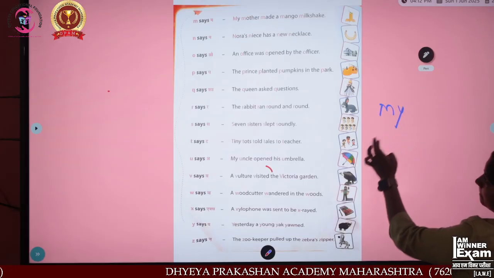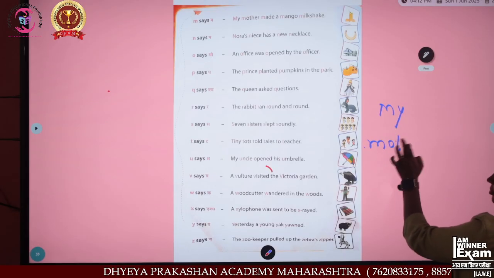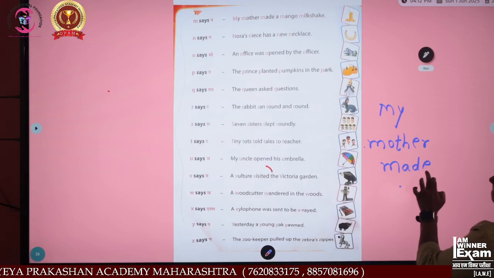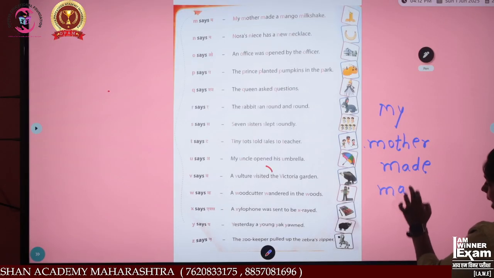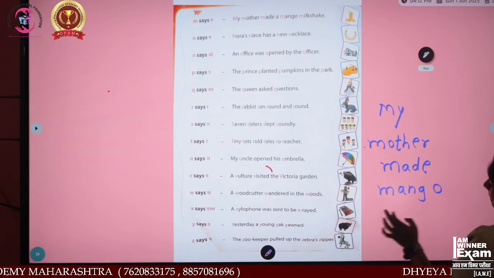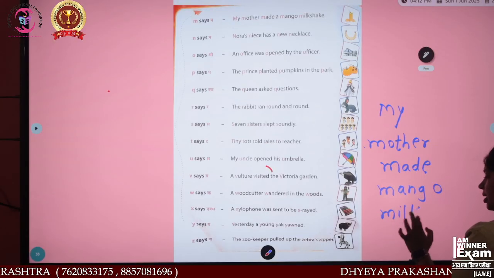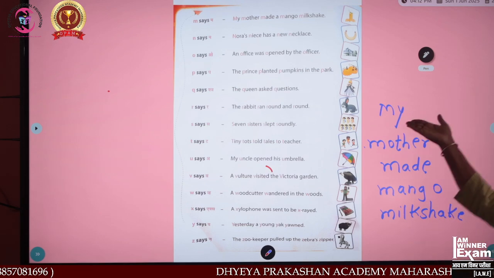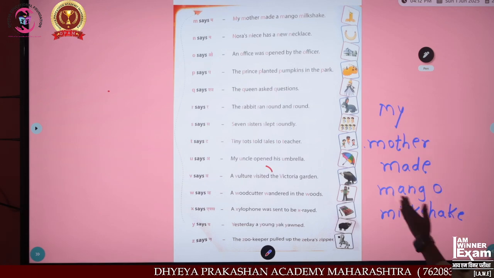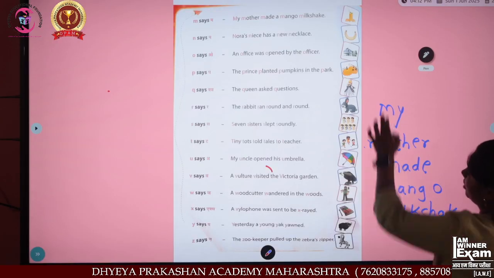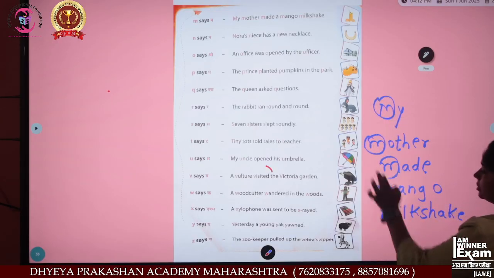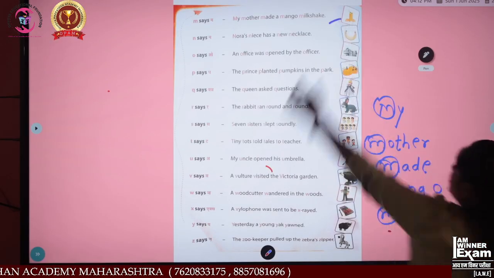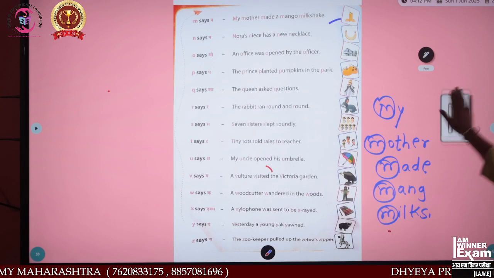My, mother, made, mango and milkshake. My mother made mango milkshake. M says M. This is milkshake. Yes. Next.